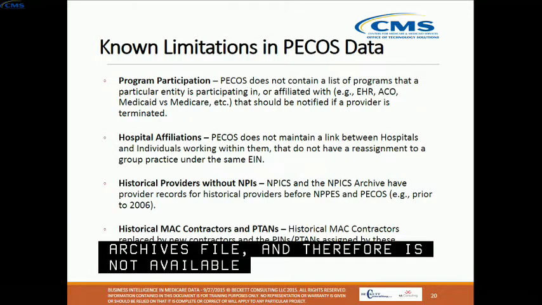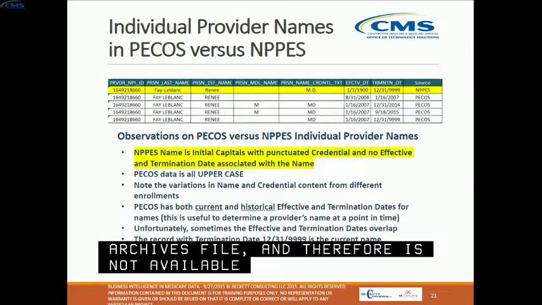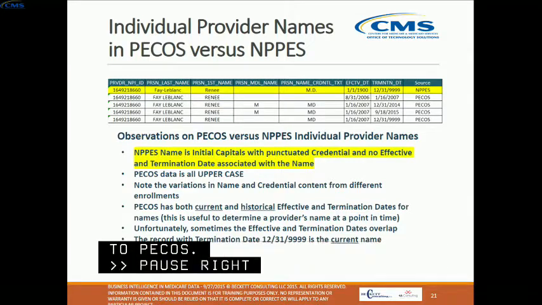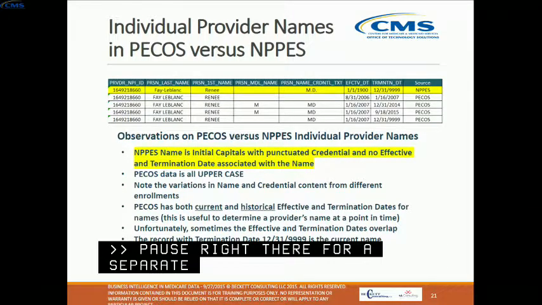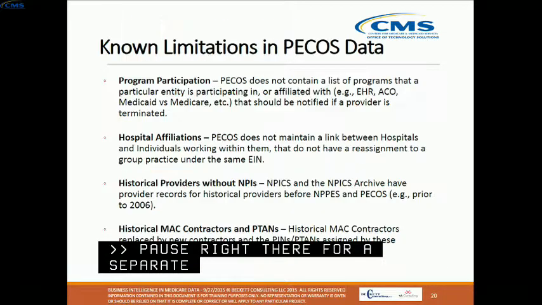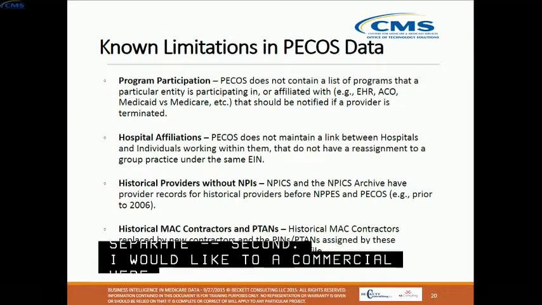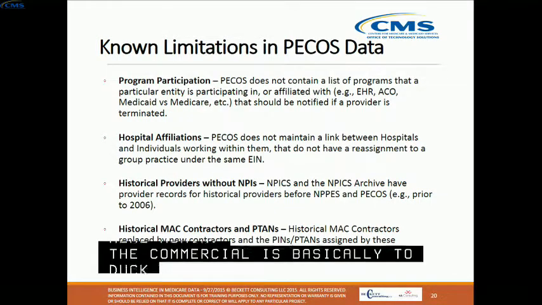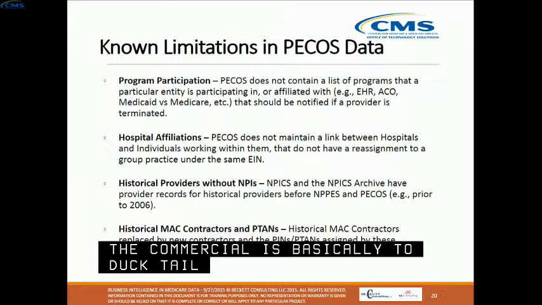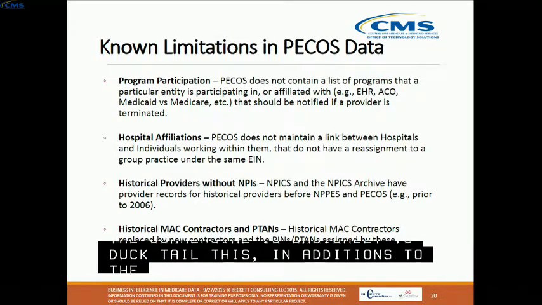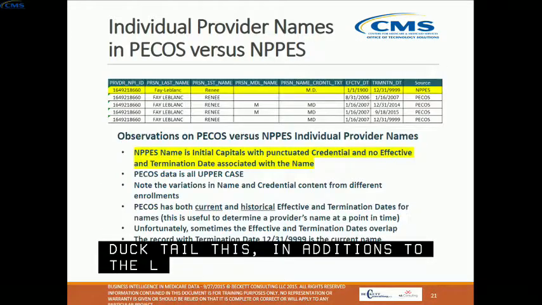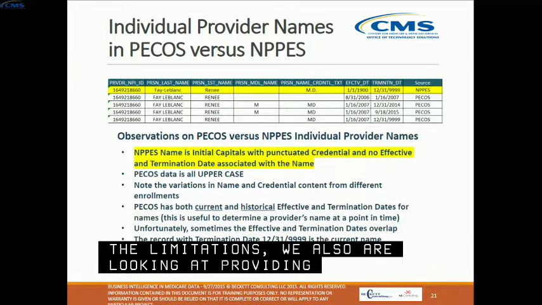Okay, break there for a second. All right, so we're gonna skip this next one, but I'd like to do a commercial here again. So the commercial is basically to ducktail this. In addition to these limitations in Pecos data, we also are looking at providing you with a lot of detailed information about the differences between the two systems I've already talked about, Pecos and NPES.